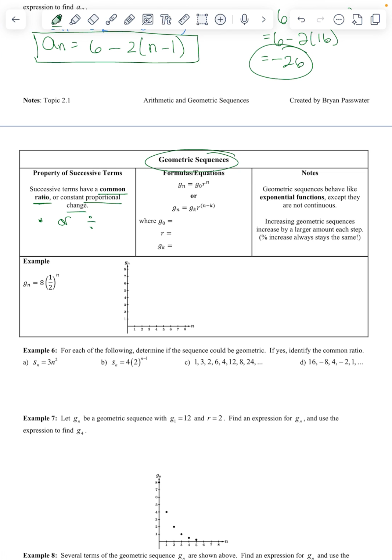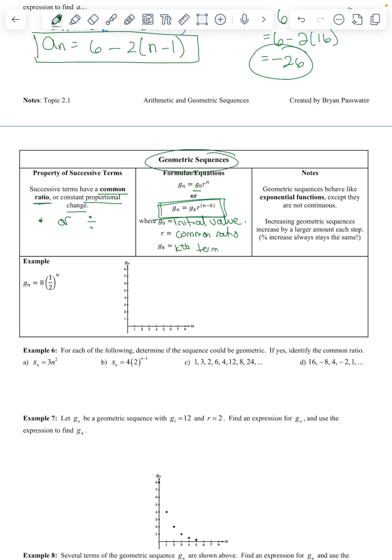I'm going to stick with this formula because it allows me to figure out the equation given any term in the sequence. I don't have to know the initial value. Once you simplify this, remember that g of 0 is the initial value, r is the common ratio, and g of k is the kth term of the sequence.